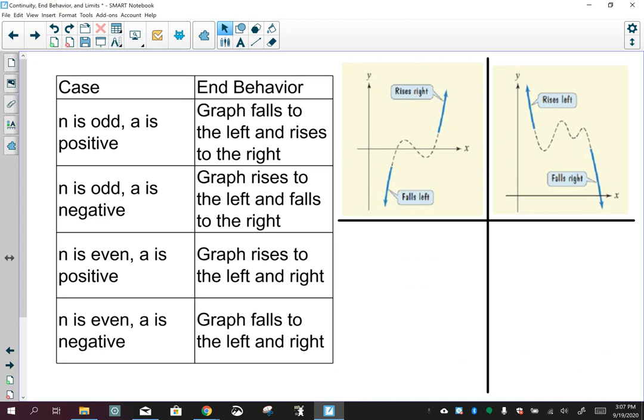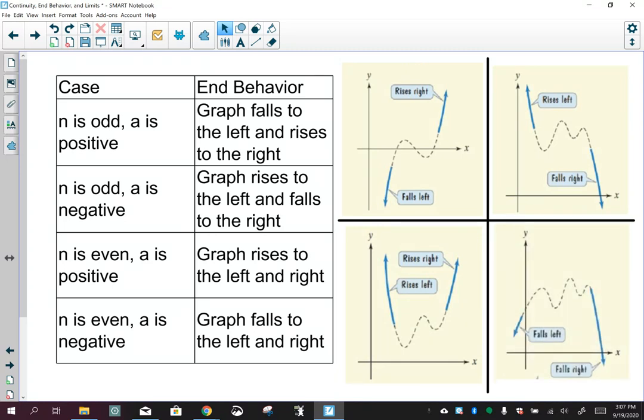If your biggest exponent is even and its coefficient is positive, then your graph will rise to the left and rise to the right. And if your n is even and your coefficient for that exponent is negative, you will fall to the left and fall to the right.